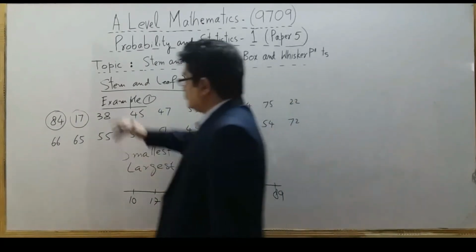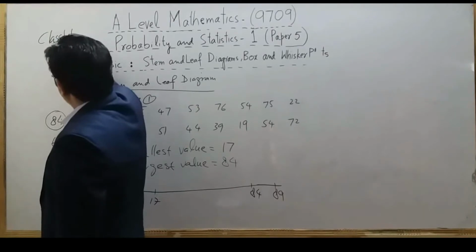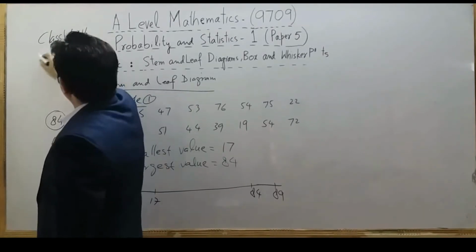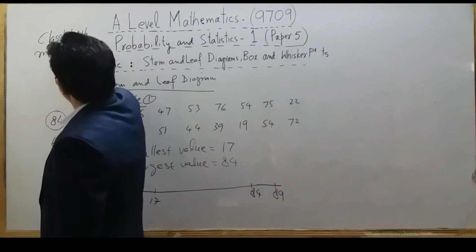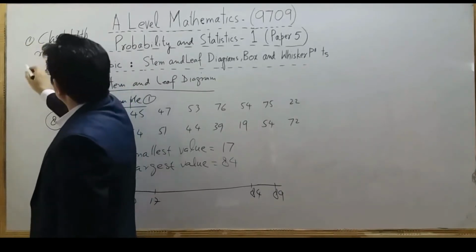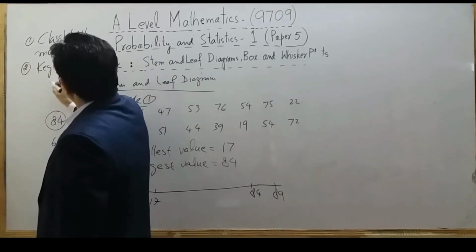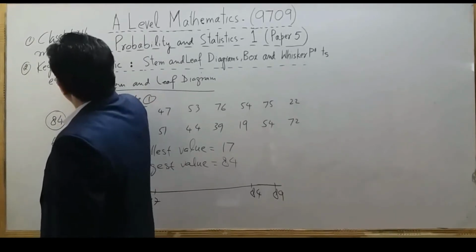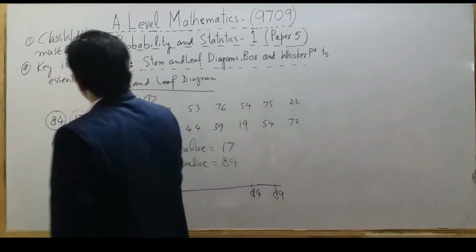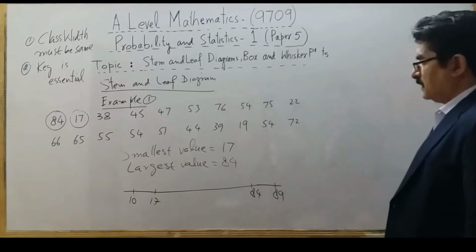Keep these 2 points in mind. Number 1, class width must be the same. Number 2, the key is essential. You will see what is meant by key is essential.